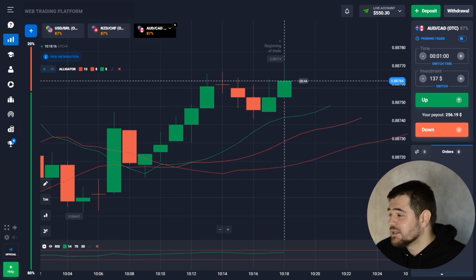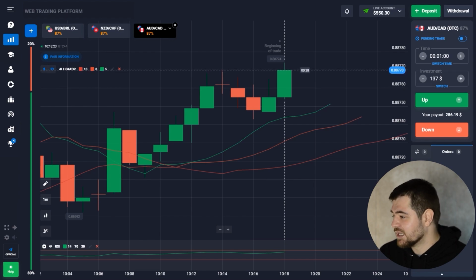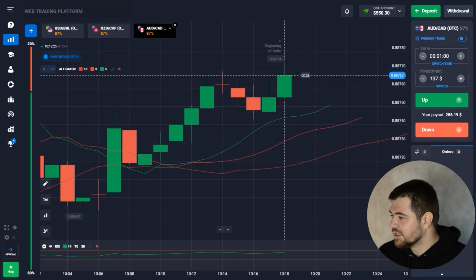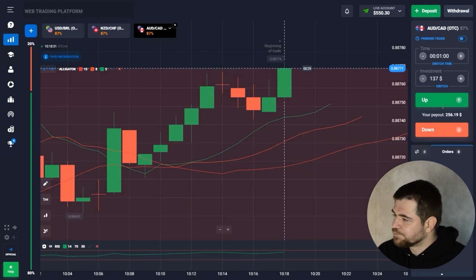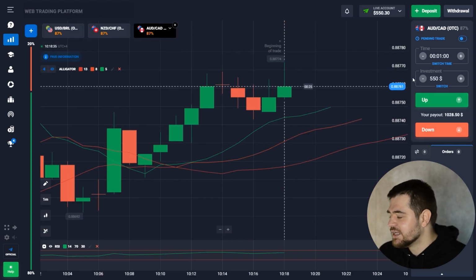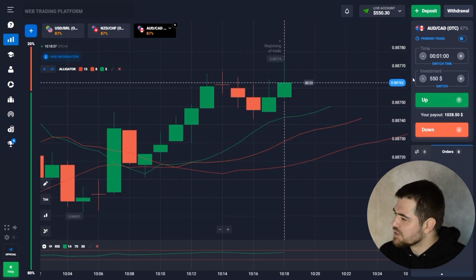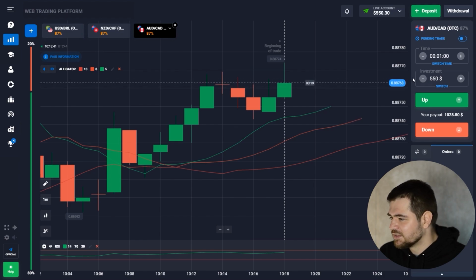See, this interpretation worked perfectly. That's what we need. See, it started going up. So what we're gonna do next is place the correct amount first in here, and let's go to the next option.